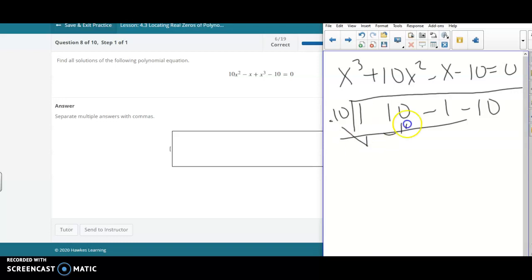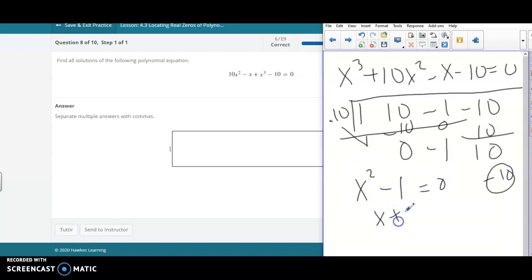So it's going to be -10. So that can give me a 0. Combine that, it's -1, and that's 10, so that indeed is a 0. So therefore, I know that -10 is one of the answers. And what do I have left? I've got x squared minus 1 equals 0.